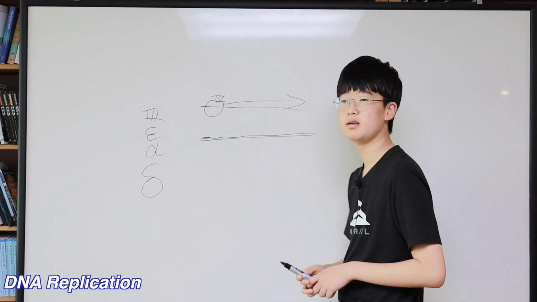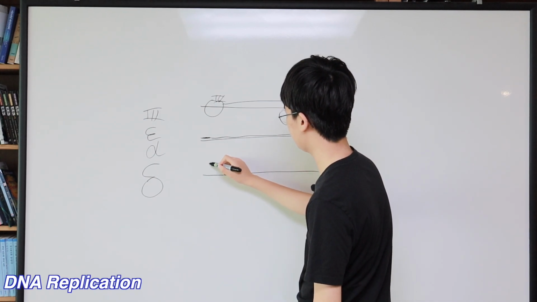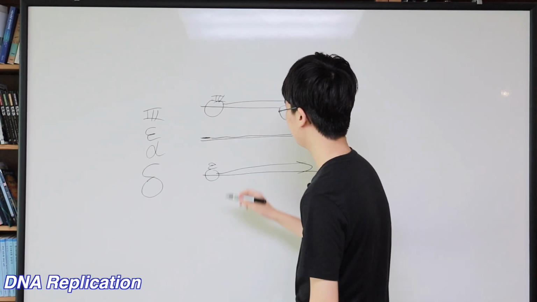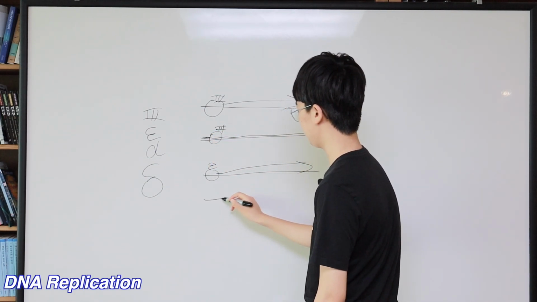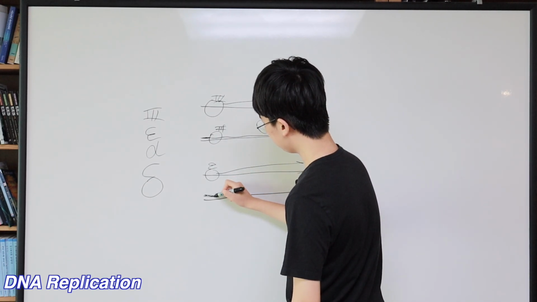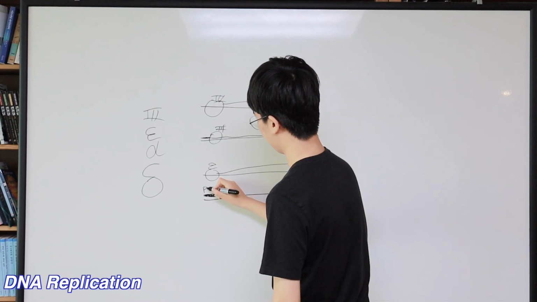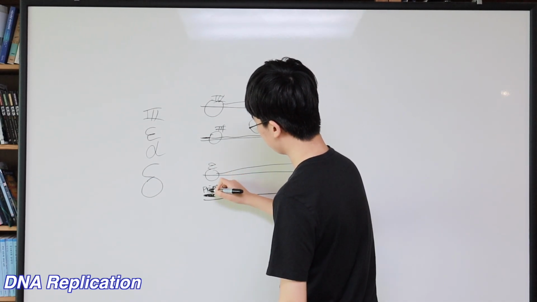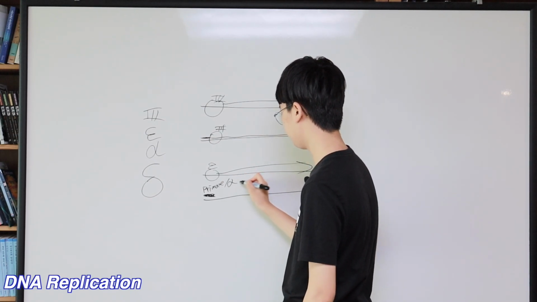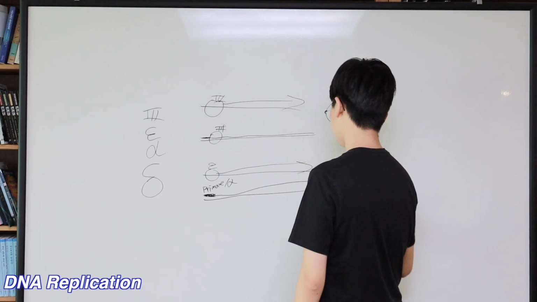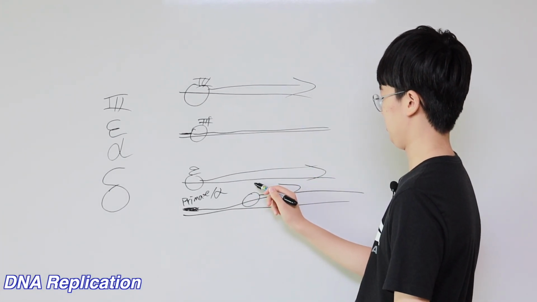While in mammals, like us humans, the leading strand is polymerized by epsilon, and on the lagging strand, the primer is made by primase and polymerase alpha, and the rest of it, the DNA part, is made by delta.